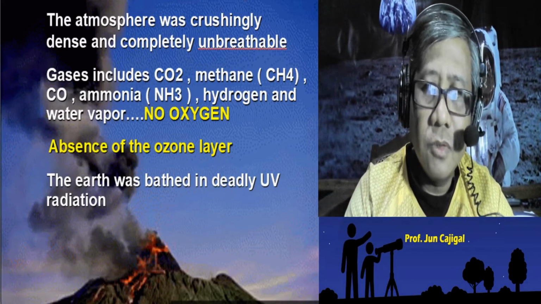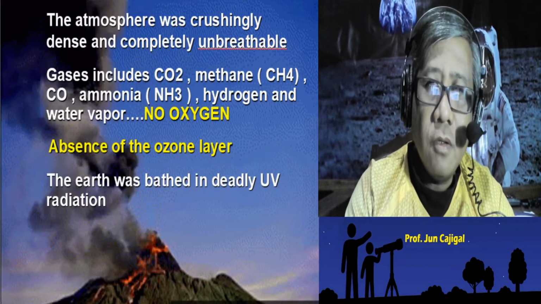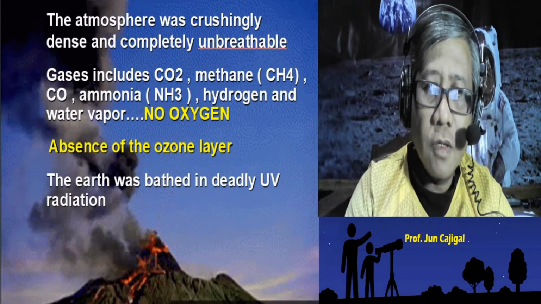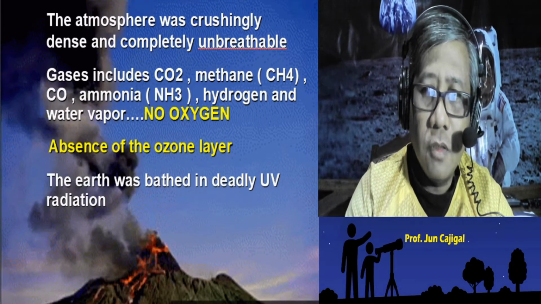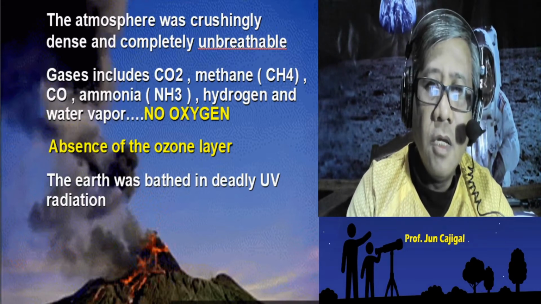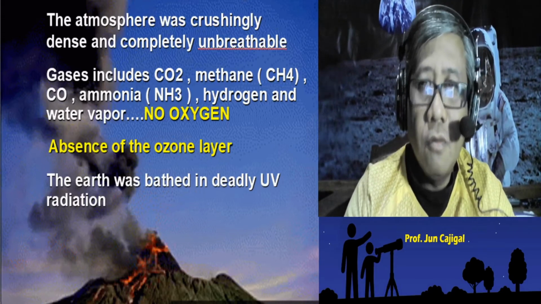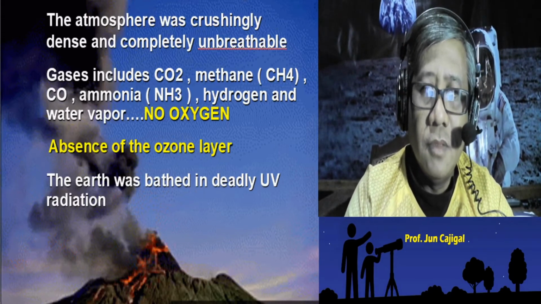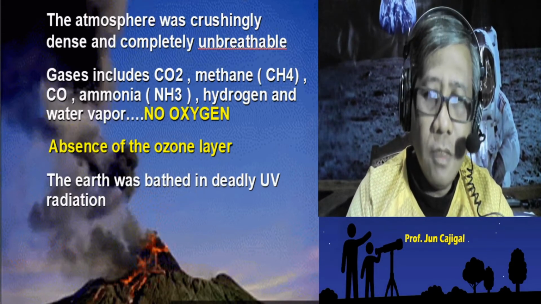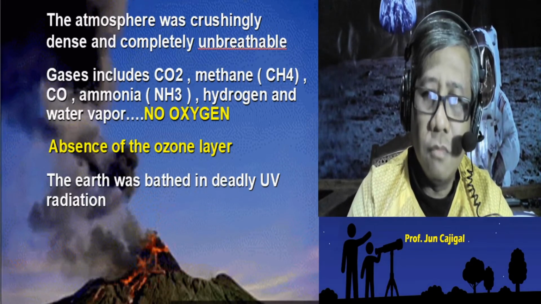If there's no ozone layer, then there was no way for the Earth to be protected from UV rays. Because we know that the ozone layer shields us from deadly ultraviolet radiation from the sun. Walang ozone layer noon, di ba? So the Earth was bombarded with deadly UV radiation.